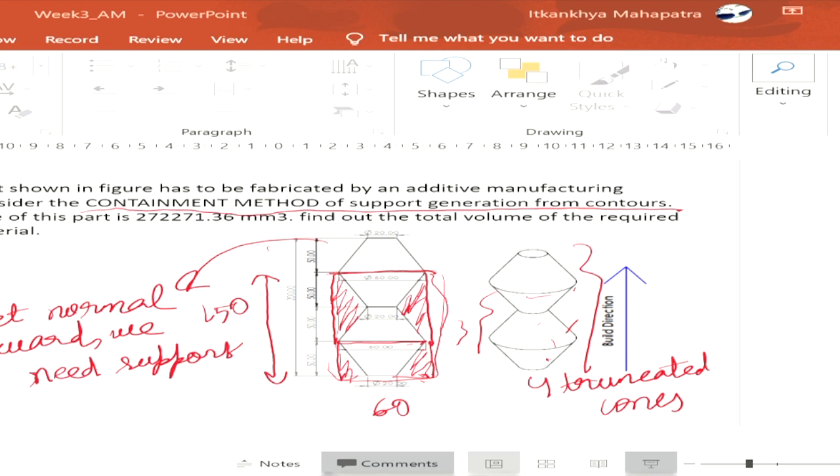Yes, it will be there. Everything will be there. Okay, anything else?